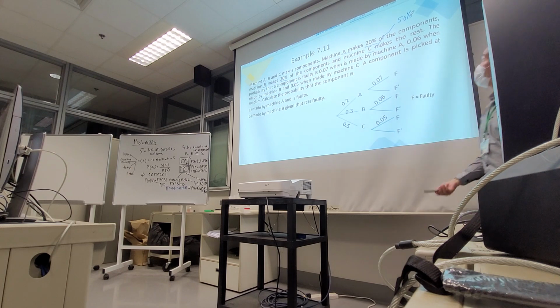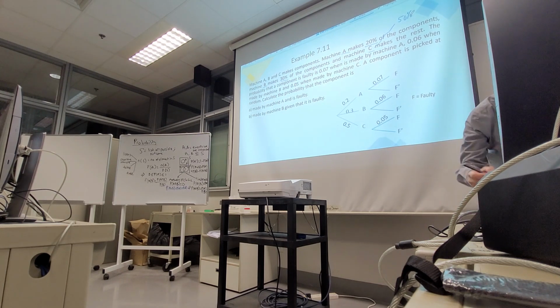Then what's the probability for A? For machine A, 0.07 is 40 when it's made by A. This one is made by B, and this one is made by C. Can you see all my symbols?